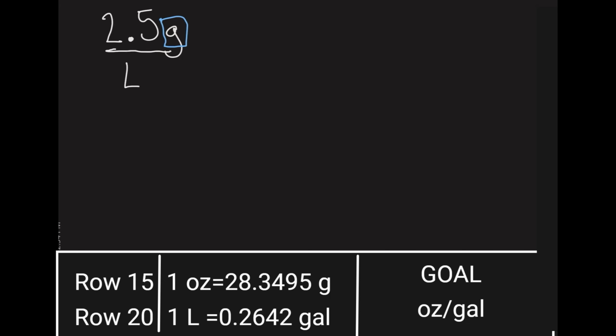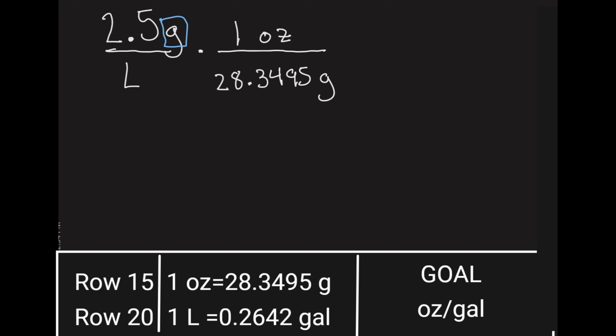Now, in order to select how to build our ratio, we want these grams to cancel out. So if I have grams in my numerator, my ratio should have grams in the denominator. I need to cancel these units out so that I'm only left with the units that I want. And we'll put the 1 ounce up here.